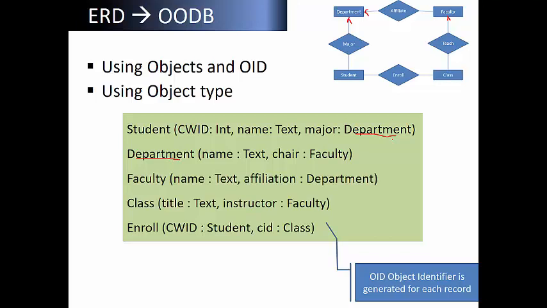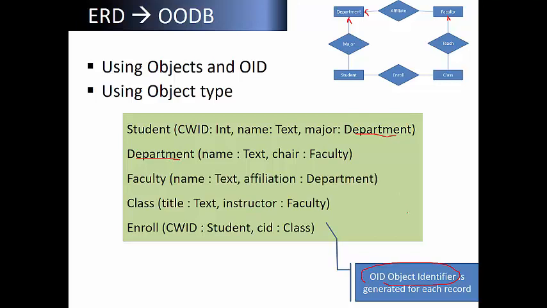We call that objects, so there is an object ID, the OID. An object identifier is generated for each record. For example, for a specific person named John, if the major is cyber security, then cyber security also has a specific object identifier. That OID comes here.